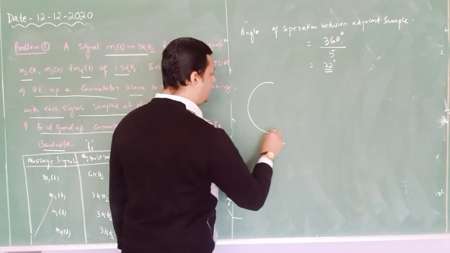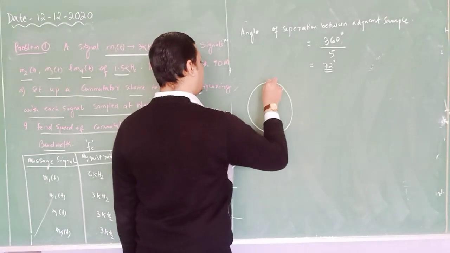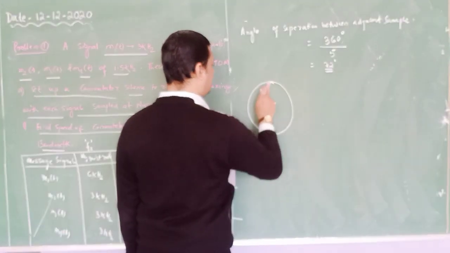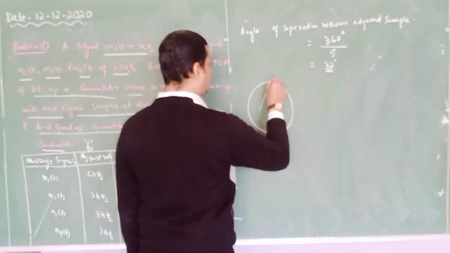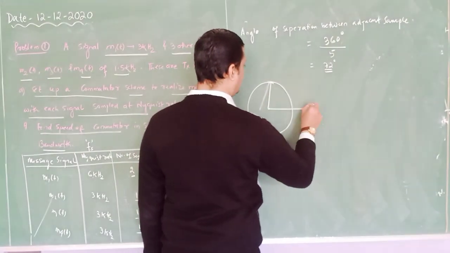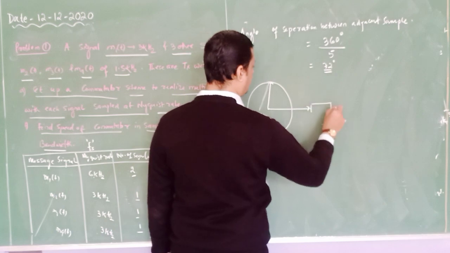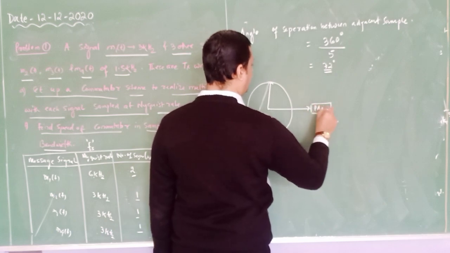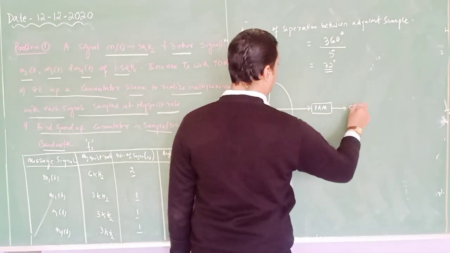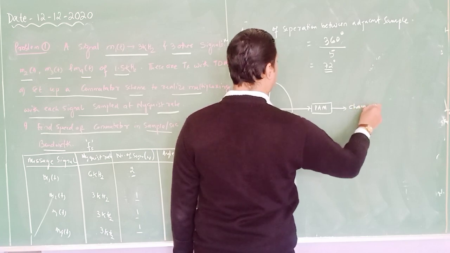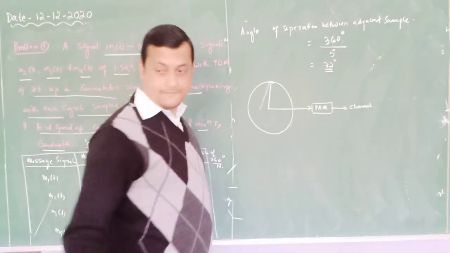So this is my commutator. This is the switch. It is provided to the PAM and then it is delivered to the channel. Okay.